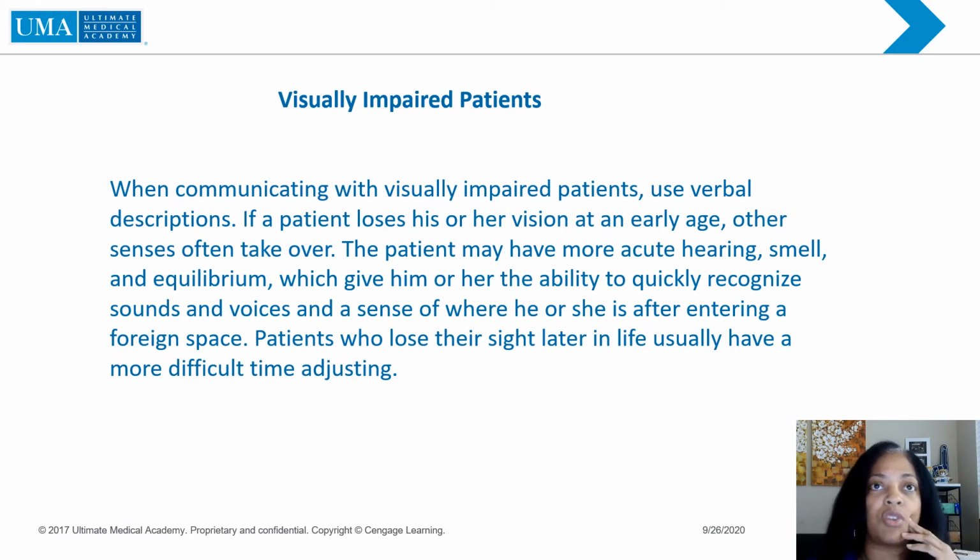Those are things that you can learn early on, just notes in the chart that you can bring to life. And I like these examples in the book, and I wanted to bring it to life so that you could think about how you would treat a person that is visually impaired.